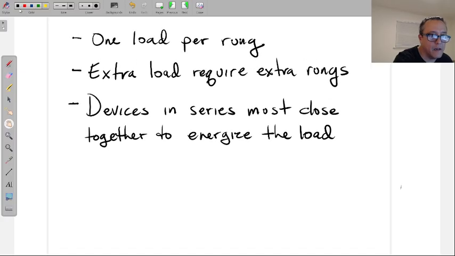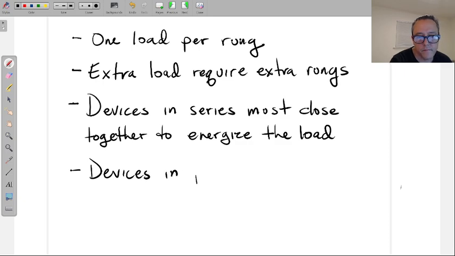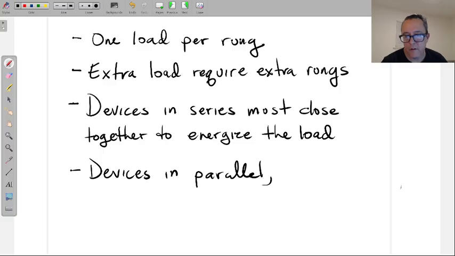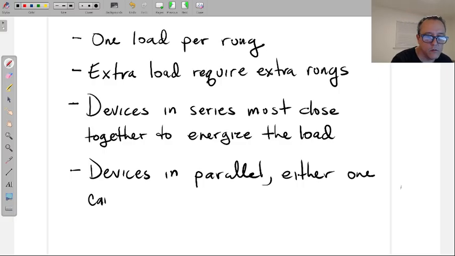Now, in parallel, different story. I'm going to put a comma for correct grammar. Either one can close to energize the load.